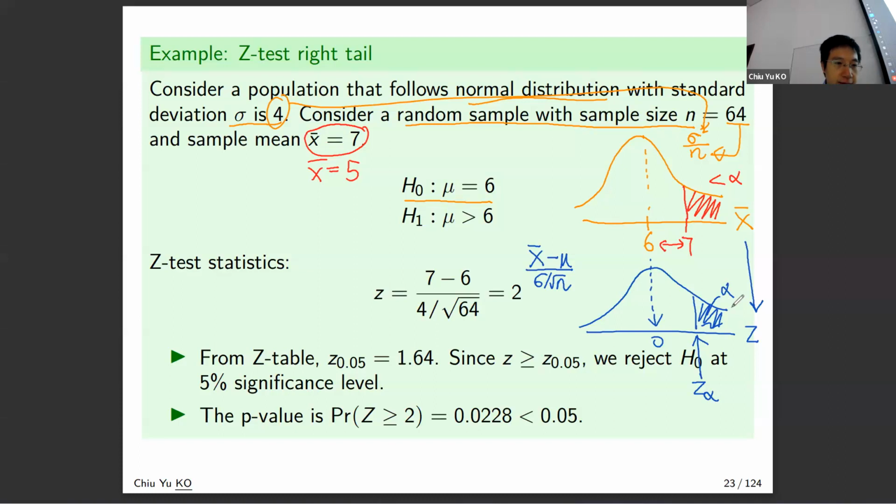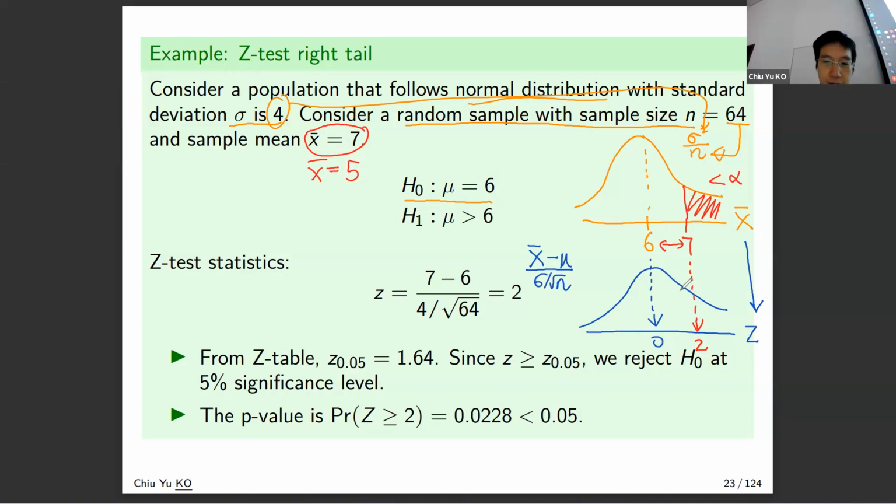So the idea is, let me clean this up first. What we have is use the red color. So when you convert that to here, 7 is actually 2. It's 2 standard deviations from the mean. Now the question is, if I use 5%, whether you reject, the Z alpha.